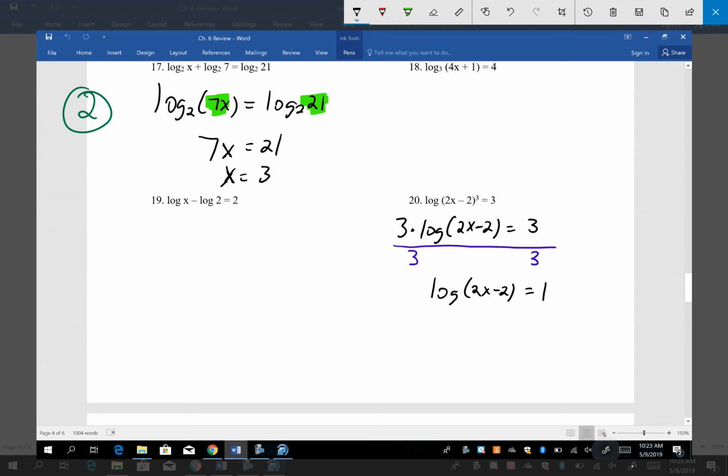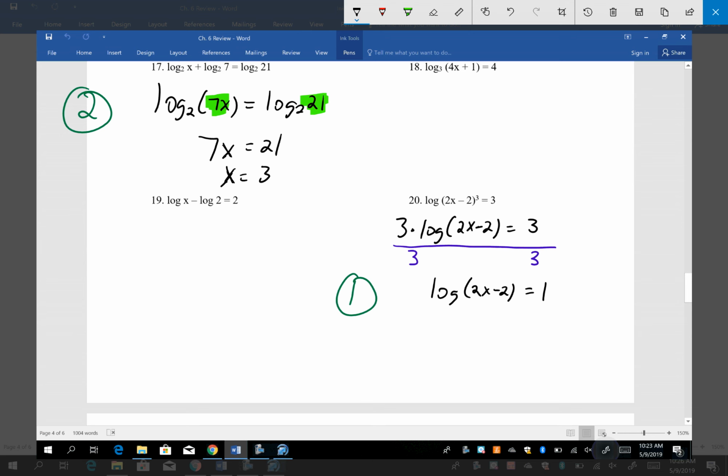So now, Bashir, we've got goal number 1. These threes, I moved it to the front, and then I divided it to get it to the other side. So now it's goal number 1. 1 log on one side. What's the base here? 10.